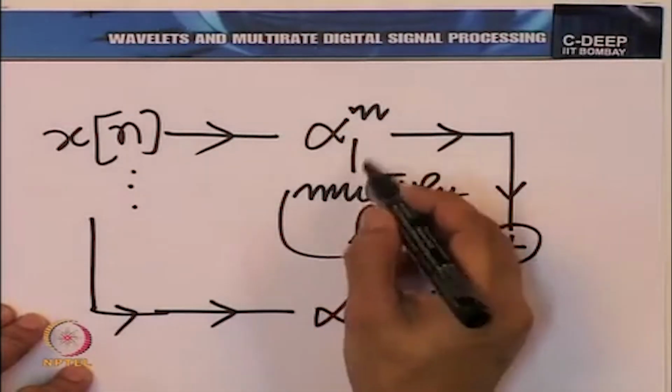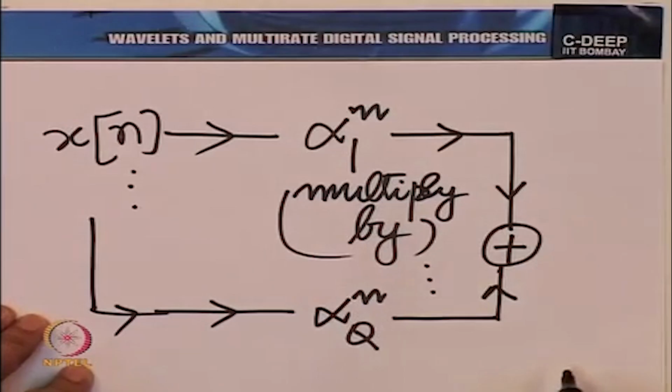Multiplication by alpha_1 to the power n, or alpha to the power n in general, is easy to handle in the Z domain.